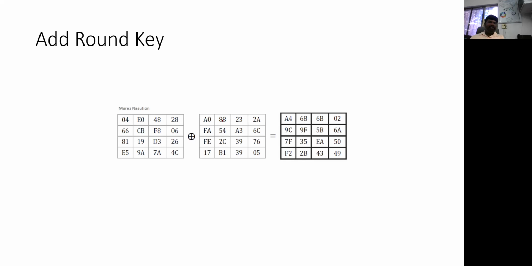The add round key is a simple XOR operation. We take 04, which is 0 1 0 0.